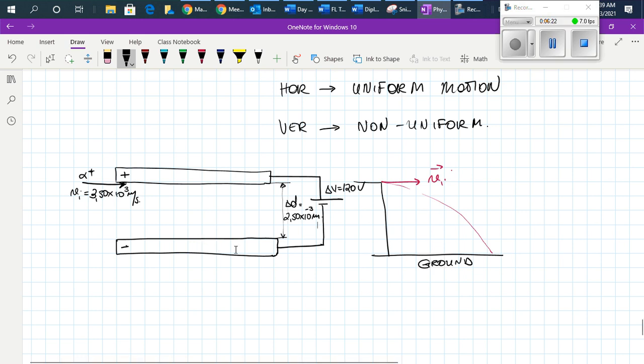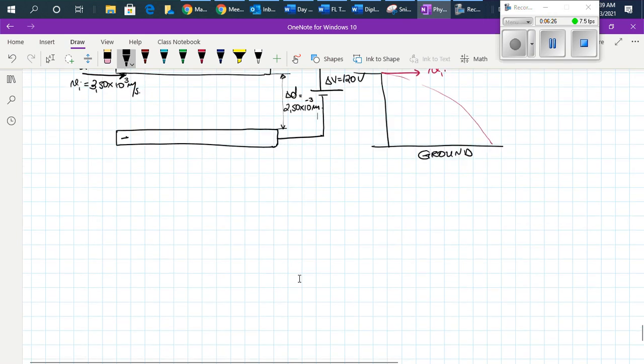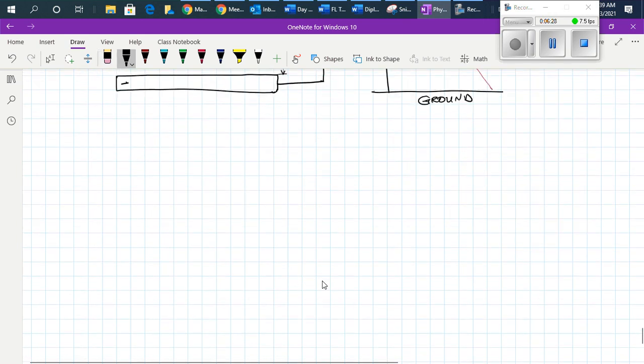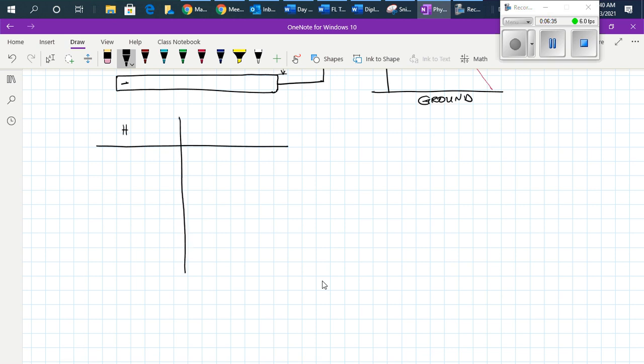Now, if you have seen the videos on projectile motion, then what we have done there is that we built a table. So we find the horizontal component and the vertical component of the initial velocity. And in every case that you will see in Physics 30, it is entering parallel to the plate, but perpendicular to the field.